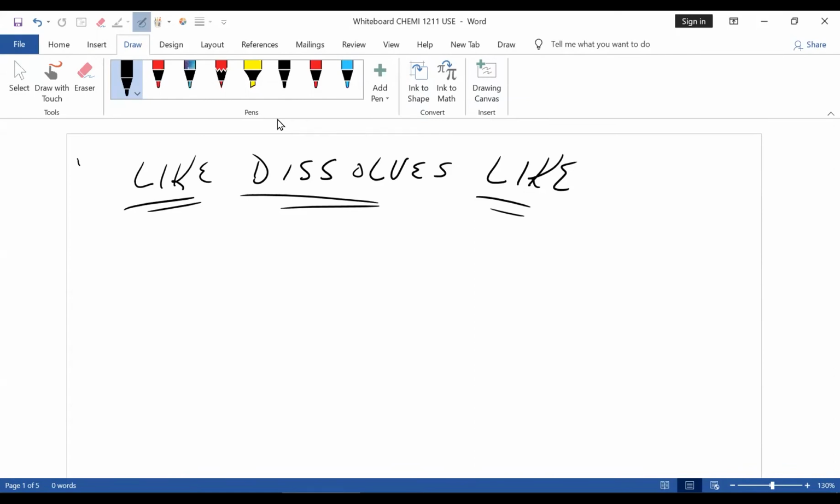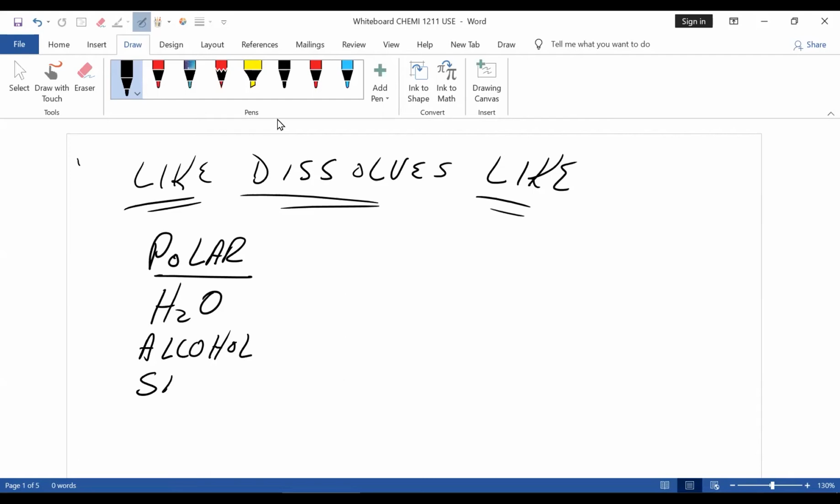I hope I spelled dissolves right. But anyways, first thing you should know, what are polar compounds? Most polar thing in our world is water. Alcohols are polar, like the alcohol you drink, the alcohol in rubbing alcohol. Also, all salts are polar. Ammonia is polar. Salts like sodium chloride are polar.